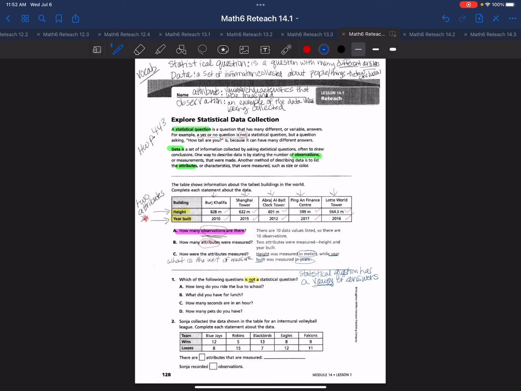What did you have for lunch? Well, on Monday I had ramen noodles for lunch, and on Tuesday I had leftover pizza for lunch. So again, it has a variety of answers. Then look at question C. How many seconds are in an hour? That one does not have a variety of answers, because we always know it only has one answer.